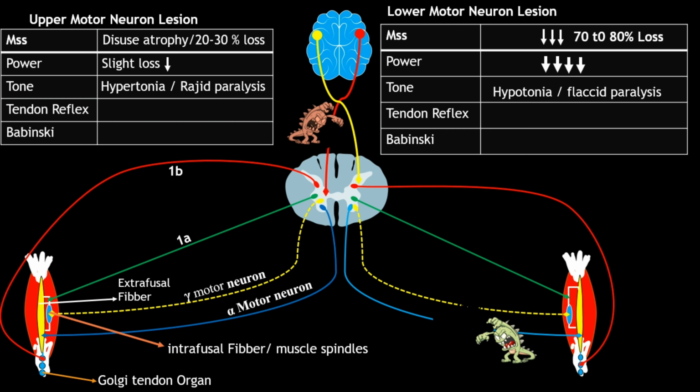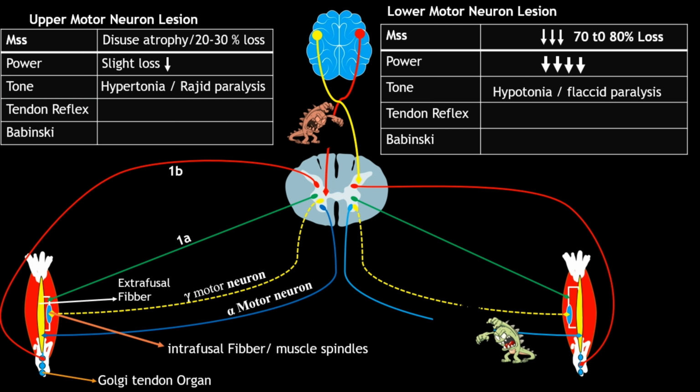Now come to the tendon reflex. Do you know how the tendon reflex occurs? When we hit the tendon with the hammer, why do we have a jerk? It is a simple pathway. Listen, when you hit these tendons, this is not because of the Golgi tendon receptors. When you hit this tendon, the tendon becomes stretched, and when it stretches, the muscle spindles also stretch.